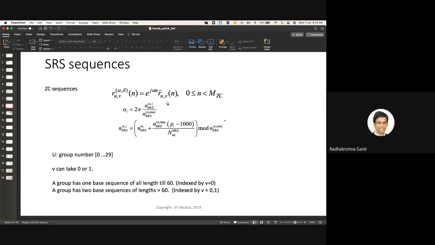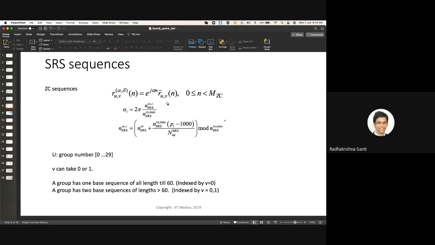But if you use a different base sequence and different rotation in a different cell, things may get averaged out and the interference may become less. Essentially they allocate different base sequences and different groups for different cells, mainly to reduce interference. That is the main motivation.